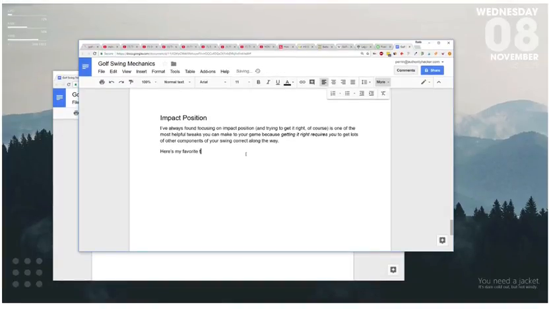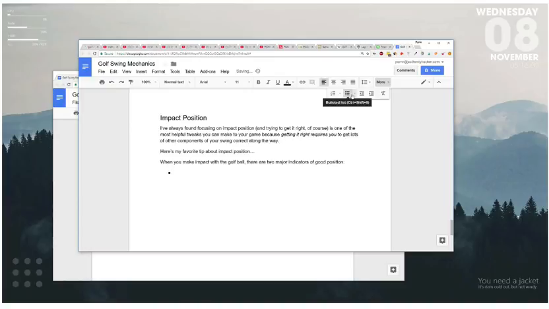My favorite tip about impact position: when you make impact with the golf ball, let's say there are two major indicators of good position.